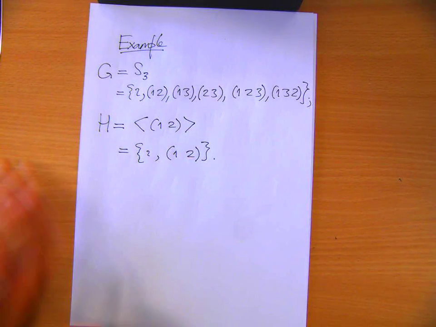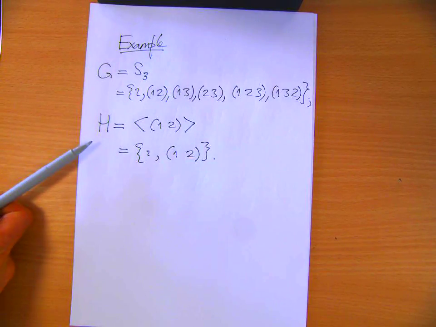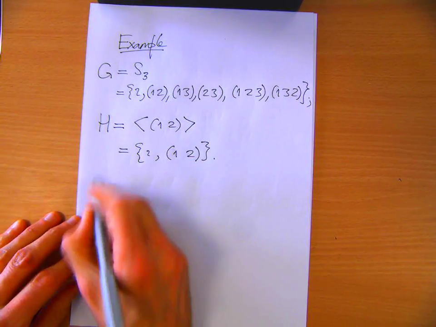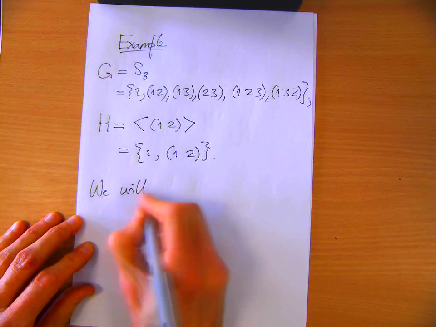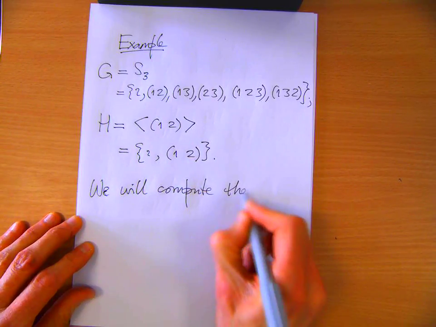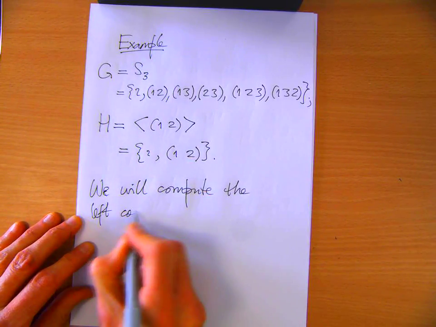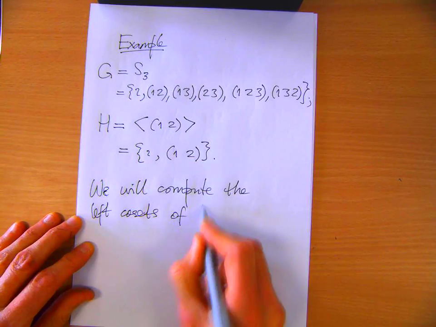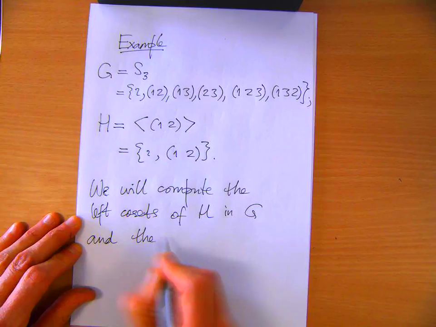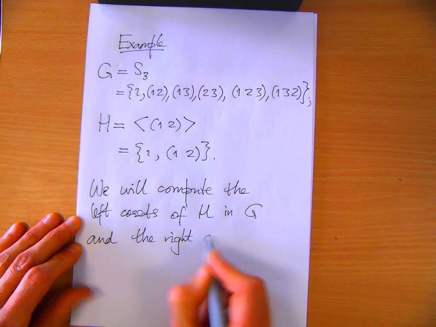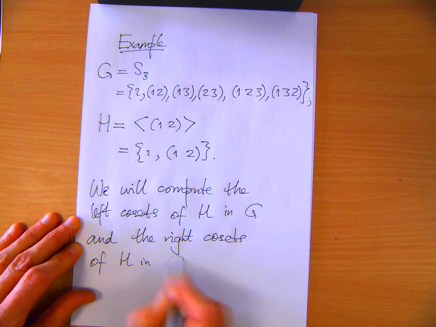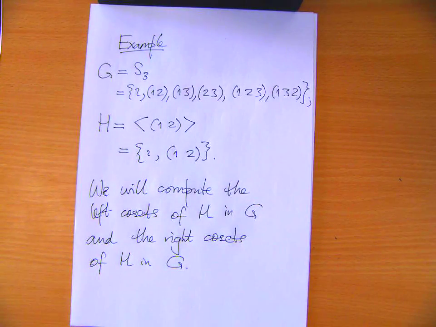Okay, and I want to compute the left cosets and the right cosets of H in G. So we'll compute the left cosets of H in G and also the right cosets of H in G. So this is an example of computing cosets.